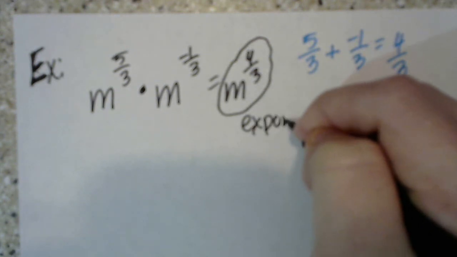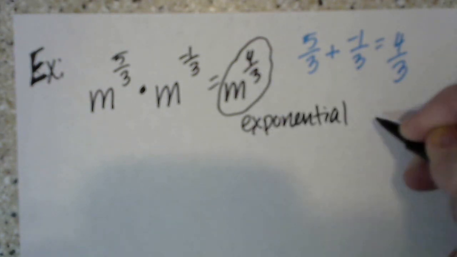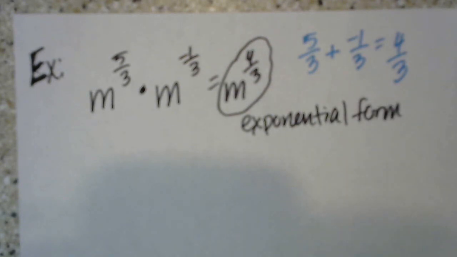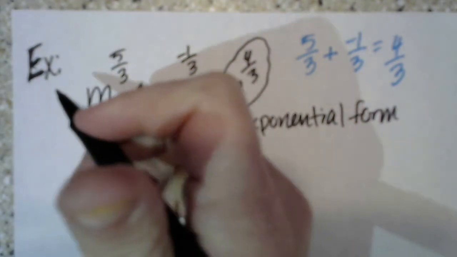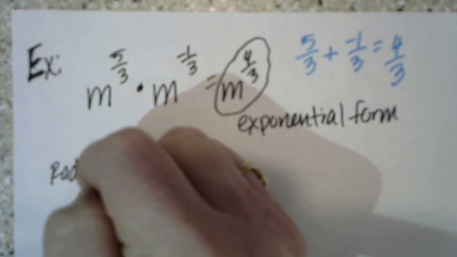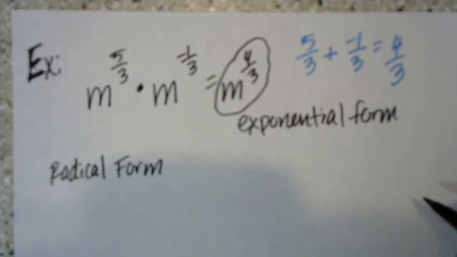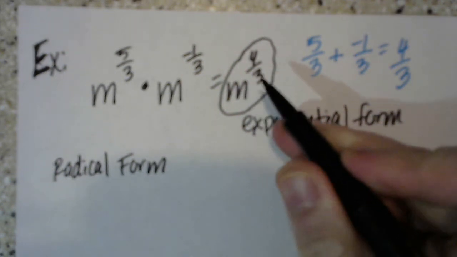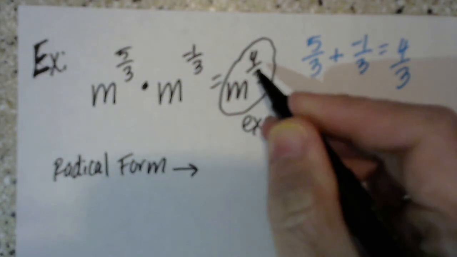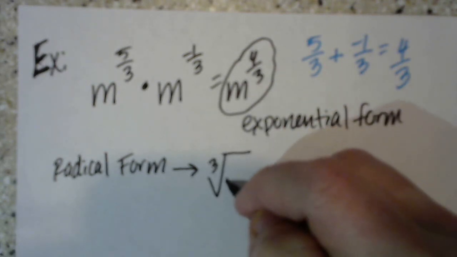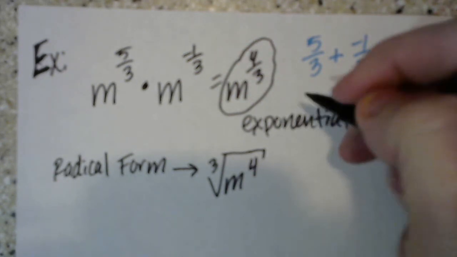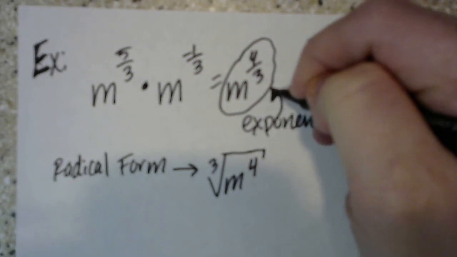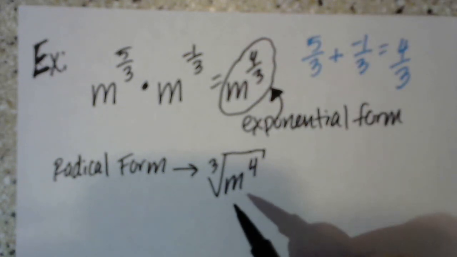This is what we're going to call exponential form, because I'm leaving my final answer with an exponent. If for some reason the instructions wanted your answer in radical form, I've got more work to do, because that means I'm going to have to convert this to be the cube root of m to the 4th. And when I look at it in radical form, there's more that I can do.